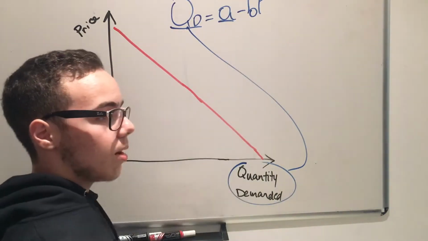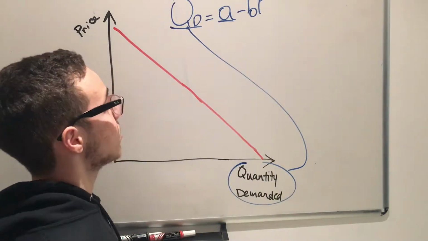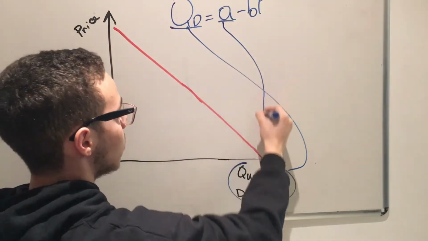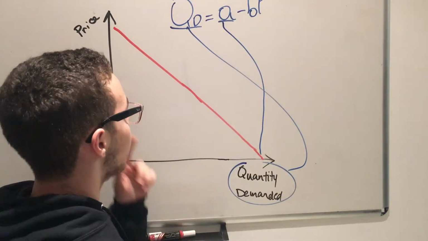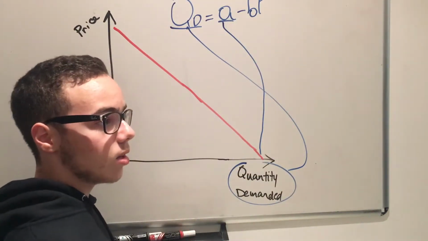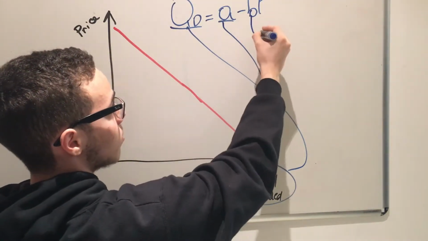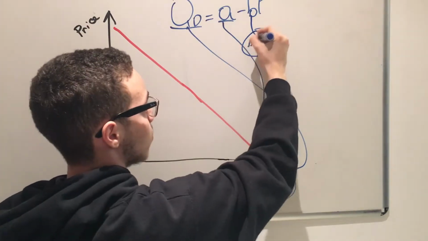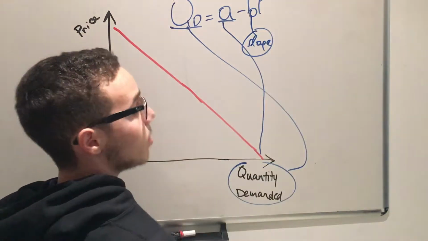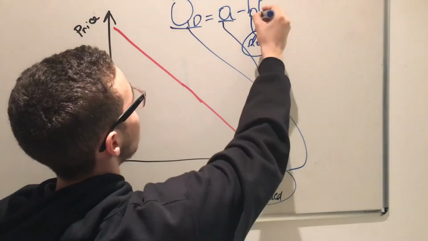A is the amount of demand when price is 0. B represents the amount demanded when there is a change in price, and negative B could also be referred to as the slope. P is the price of one single item.